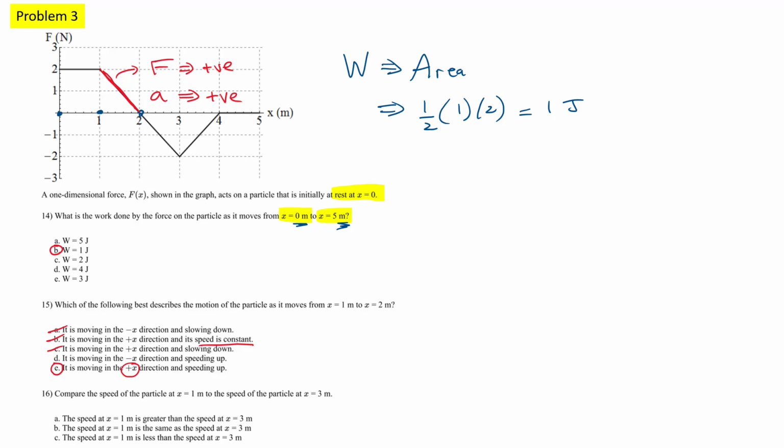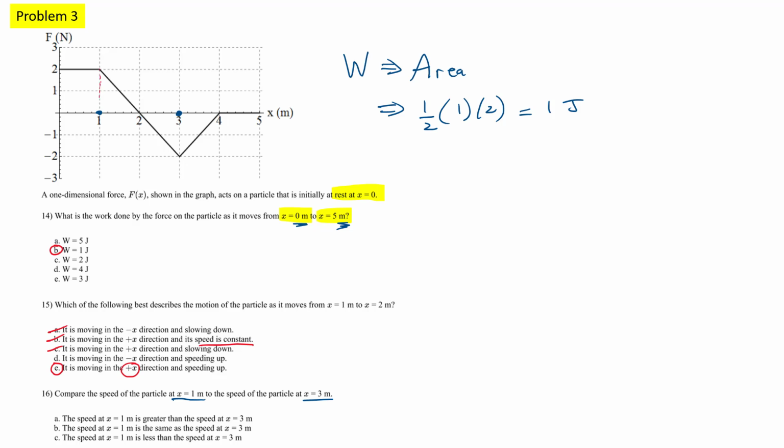All right, the next thing, the problem says, compare the speed of the particle at x equals 1 to the speed of the particle at x equals 3. So let's clean this up again, and let's look at the 2 points that we are comparing. We're comparing at x equals 1, which is right here, and x equals 3 right here. So what do we have? For this, I'm going to apply the work energy theorem.